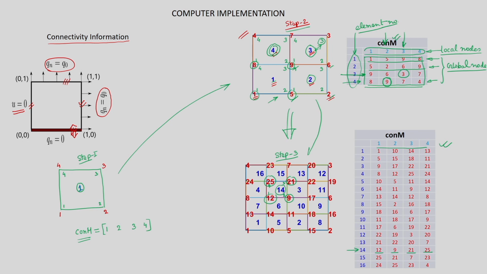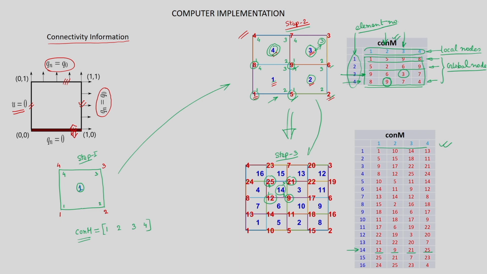Now, note that here we have assumed only 4 node points because the discretization has been done using quadrilateral elements with degree p equal to 1. That is why each of the corner points has one DOF. If we have to use a quadrilateral element of degree p, then in each element there will be p plus 1 whole squared nodes. For p equal to 2, there will be 9 nodes.